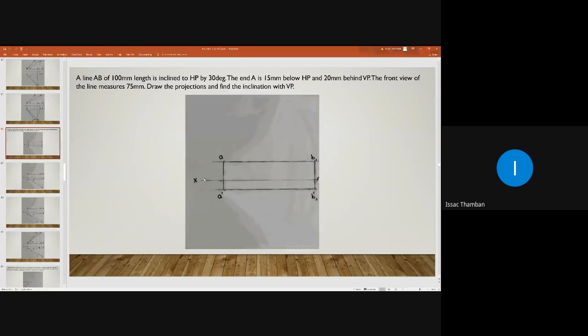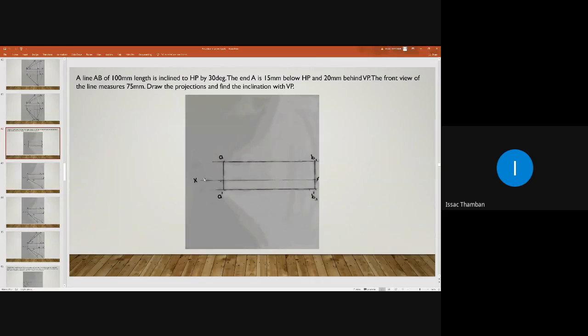Take down this question. Line AB of 100 mm length is inclined to HP by 30 degree. End A is 15 mm below HP and 20 mm behind VP. The front view of the line measures 75 mm.